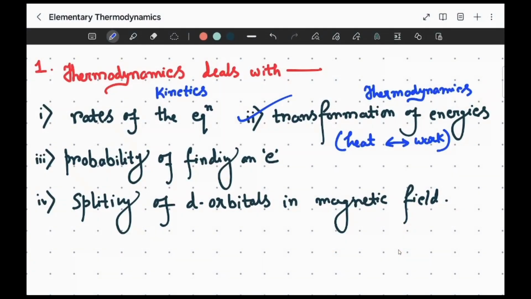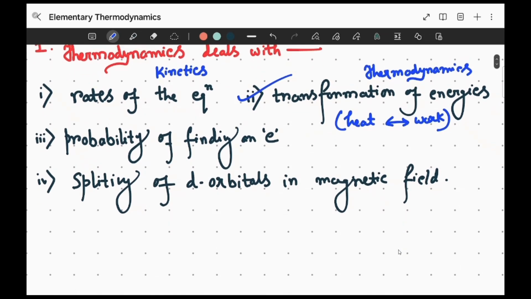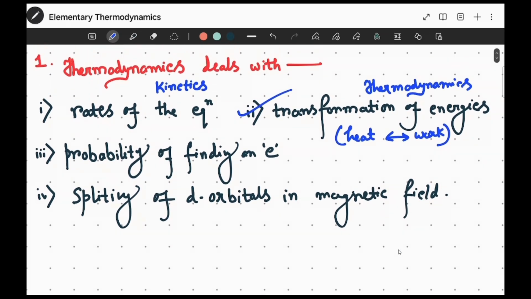I have discussed this question. Thermodynamics deals with the transformation of energies, basically heat and work. Kinetics deals with the rates of equation. Probability of finding an electron is related to quantum mechanics, and this is also related to quantum mechanics. Basically, this is the Zeeman effect.